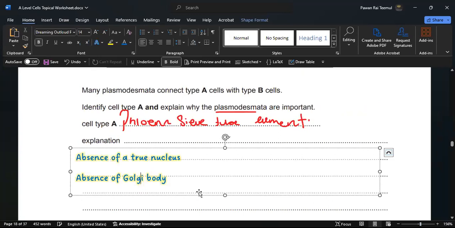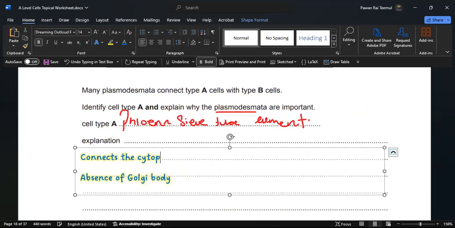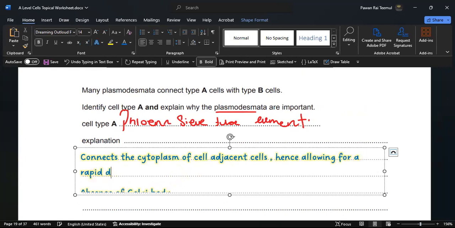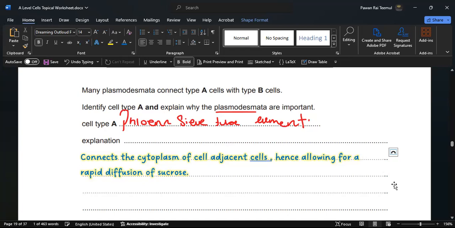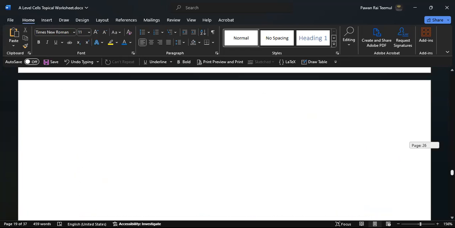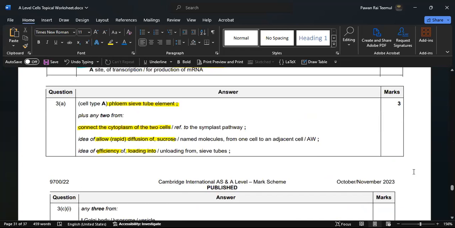And the explanation is that it connects the cytoplasm of two adjacent cells, hence allowing for a rapid diffusion of sucrose, for example. Well, that's what it wrote there, isn't it? Rapid diffusion of sucrose. All right.